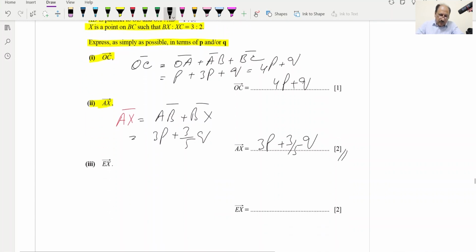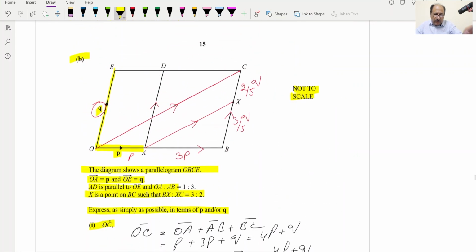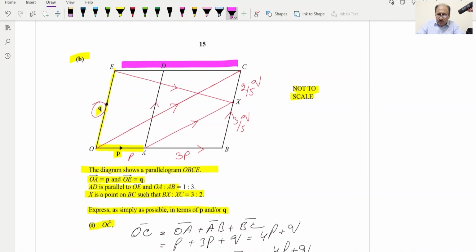Now they are asking for EX. EX also we can identify first. EX will be this arrow. If we draw EX, this will be our EX, and for EX we can take this route, basically this direction and then this direction.